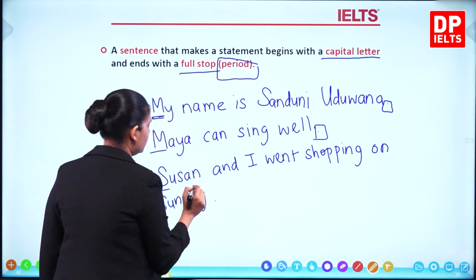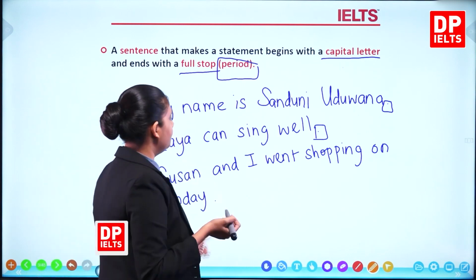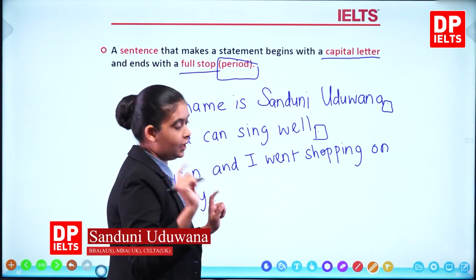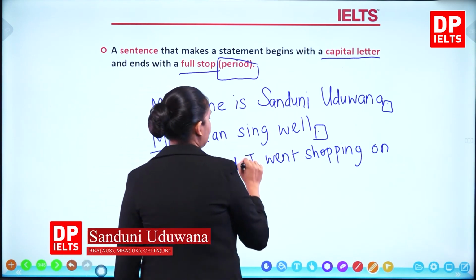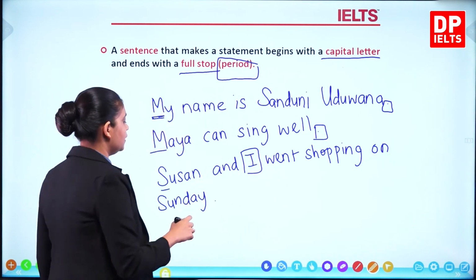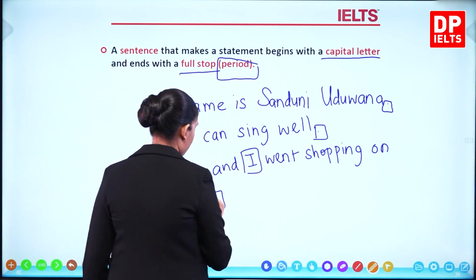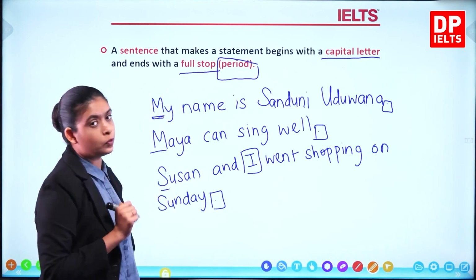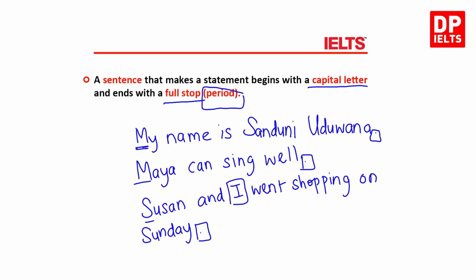So you start with a capital letter because remember I taught you all pronouns, that is obviously a capital, right? That does not change, and we finish with a period, or we call it a full stop. Susan and I went shopping on Sunday.